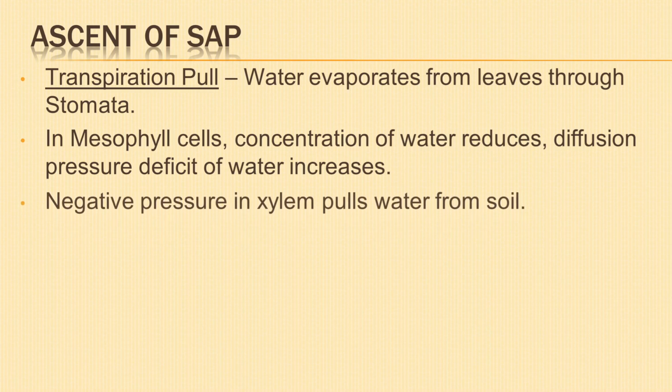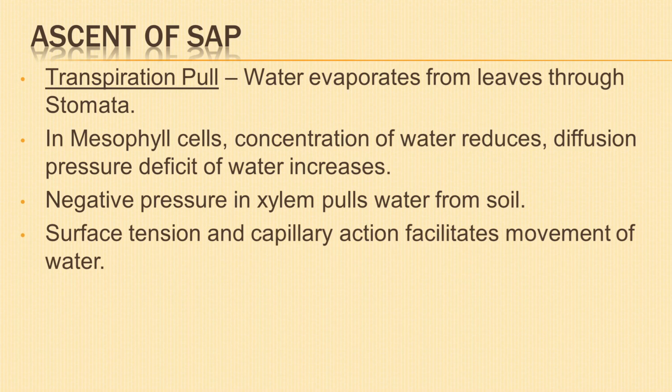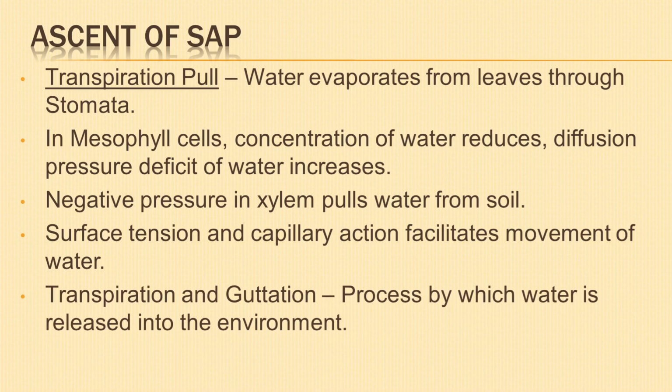A negative pressure in xylem vessels pulls the water from the soil. The surface tension of water and capillary action facilitates the movement of water through the plant. Transpiration and guttation are the two physiological events in plants by which they release water to the atmosphere.